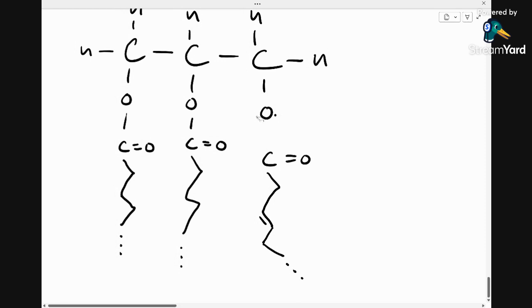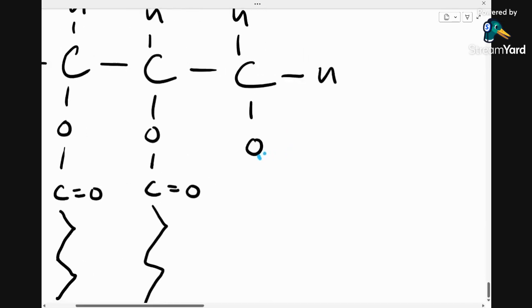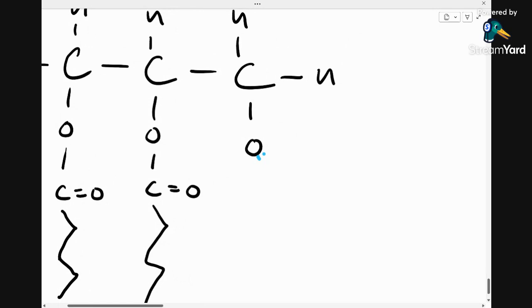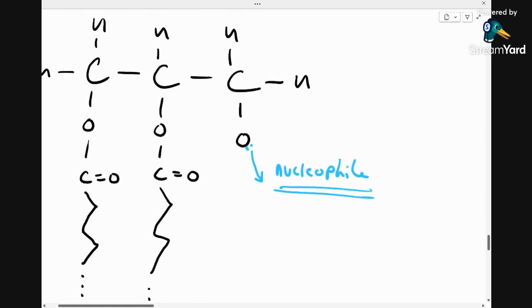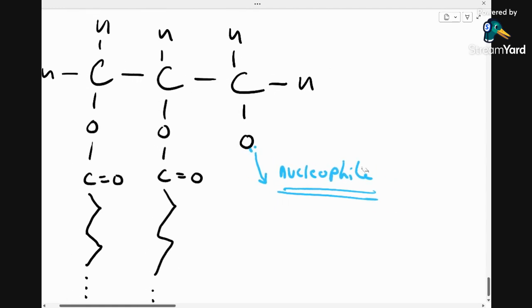I'm just going to get rid of those for now. It doesn't really matter too much. I'm going to get rid of this because we've now broken the bond. And the 2 electrons that we're going to focus on that we've just regained are these 2 here. And the key thing is these can now be used as a nucleophile to form a dative bond with something else. And in this case, it's a phosphate group. Okay, so a phosphate group, hopefully we appreciate, looks like this.